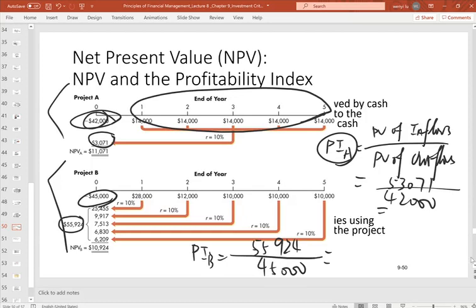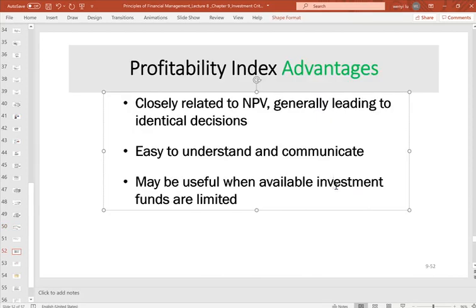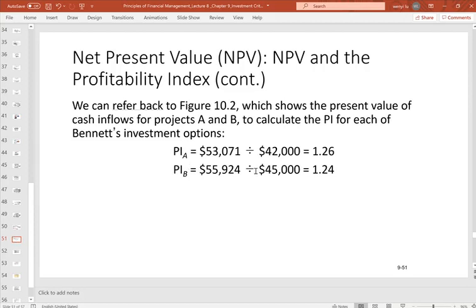So the PI of the A project, you can solve this one. What's the number you got? It should be 1.26. And for B it is 1.14.